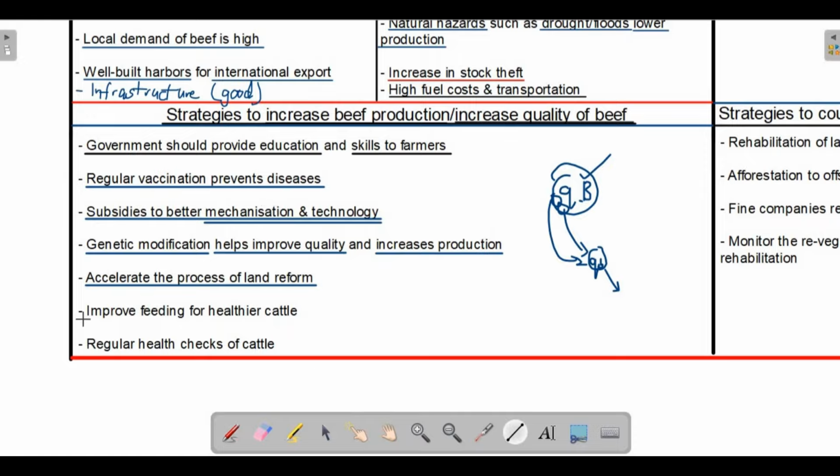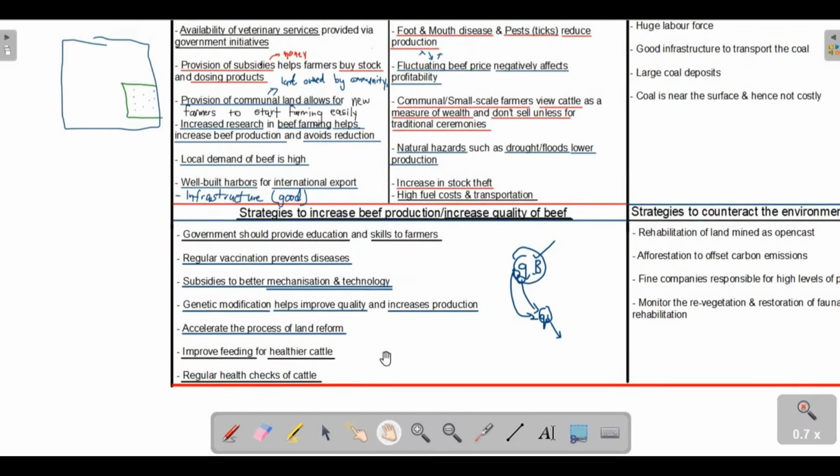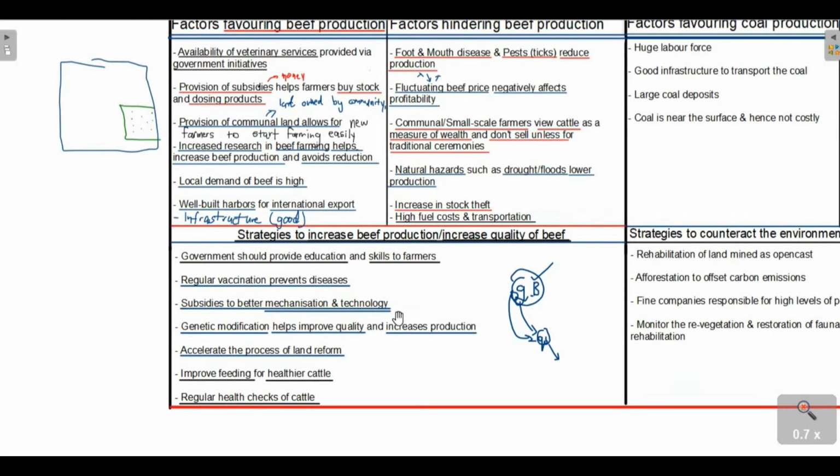There should be an improvement of feeding. Farmers should improve their feed, so that they can produce healthier cattle with high quality of meat there. And there should be regular health checks of cattle. Okay, as we talked about that, should be regular. It shouldn't just be a one-time thing. So the frequency should be increased there.